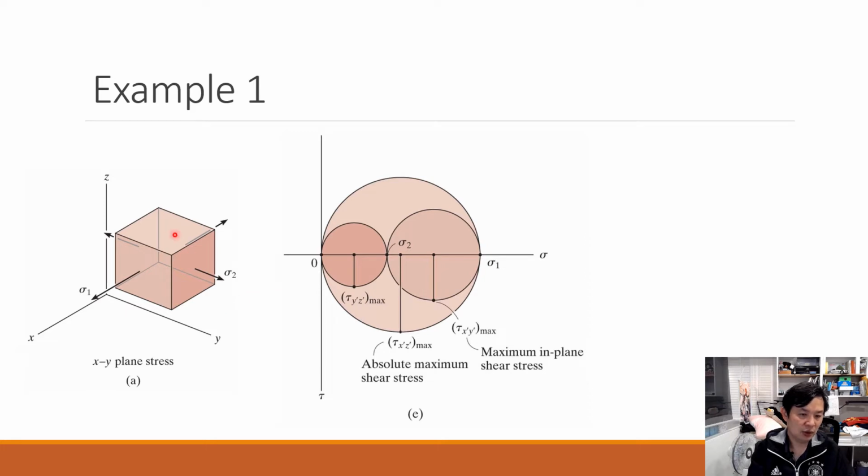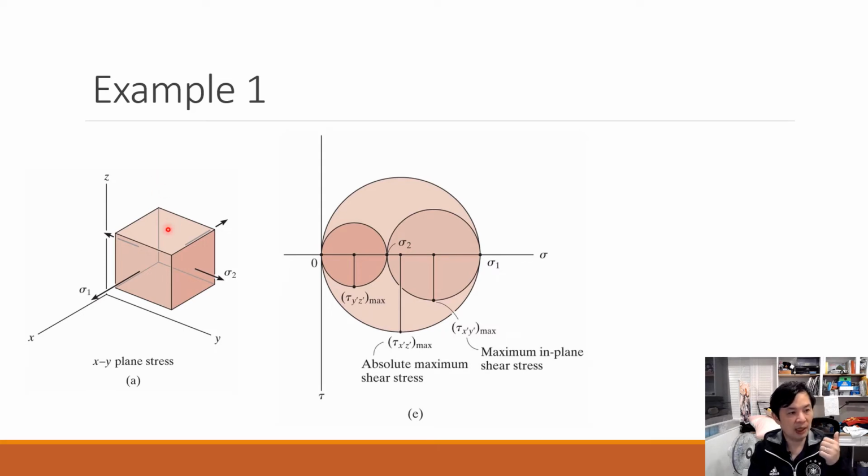However, if you check the upper surface like this, we know there's no normal stress and no shear stress on this surface. Based on the definition of principal stress, this surface is also one of the principal directions, in the z direction. The reason is quite simple.